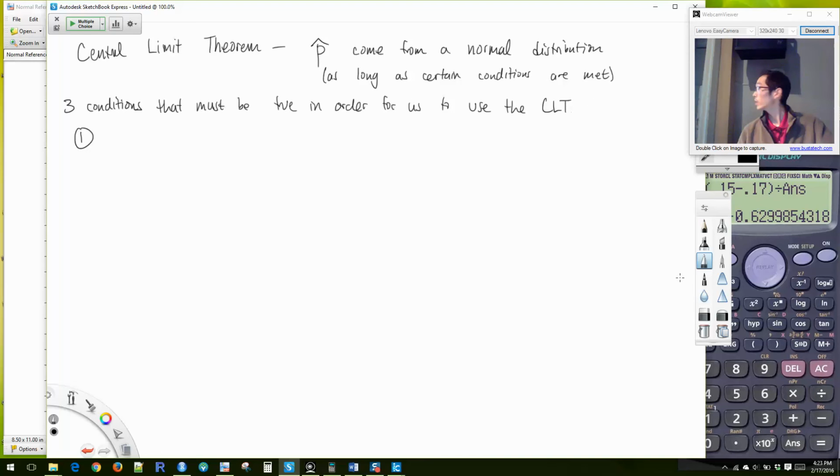The first condition is that our sample must be selected randomly, and that also includes that individuals selected for the sample are selected independently of each other.